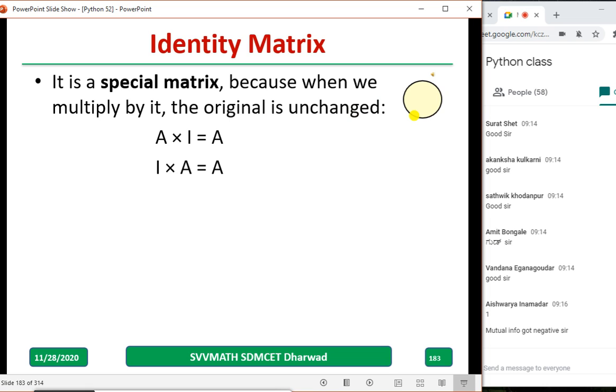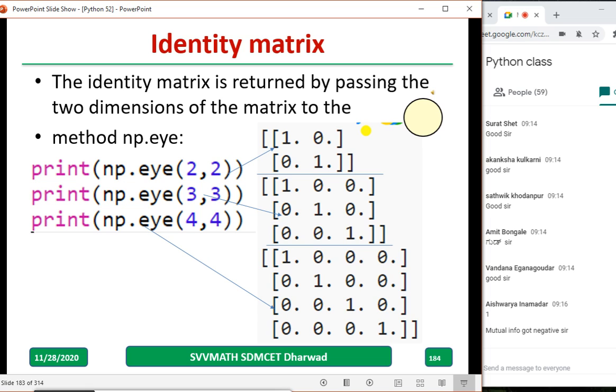It is a special matrix because when we multiply by it, the original is unchanged. All of us know the identity matrix when we use C is equal to D into G. Most of the time, wherever the identity matrix is there, my data will remain the same. All of you already know that and have solved many problems in class also. Let me go to the next. This is the way I can generate it.